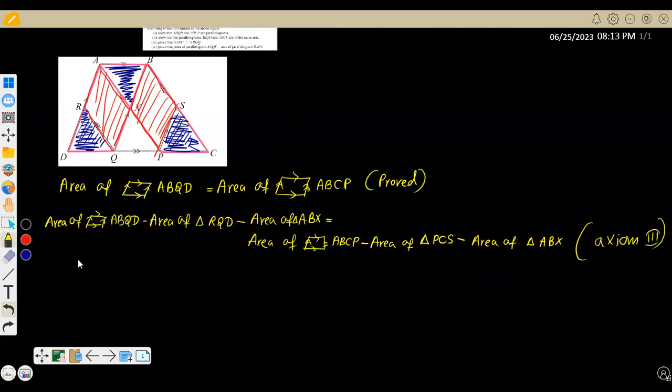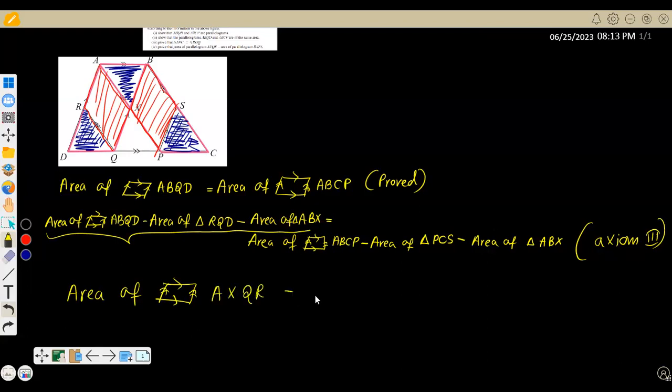Then by this, it forms area of parallelogram AXQR equal to area of parallelogram BSPX. Okay, is this clear? Yes, teacher. Yes, miss.